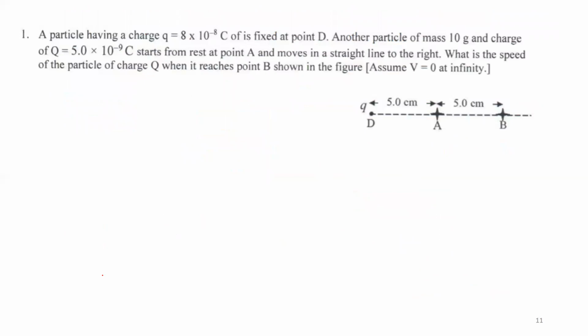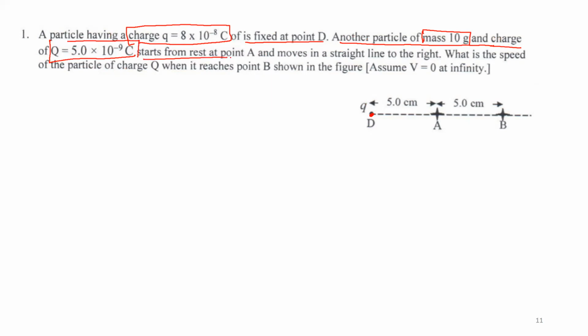Next question. Well, this one is also straightforward, but let's solve it. Let's read it first. We have a particle which has this charge, and it's fixed at point D. So the particle Q is fixed at point D. Then I have another particle that has this mass, and the charge is capital Q, 5 nanocoulombs.